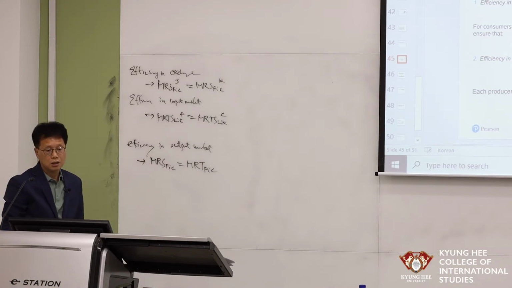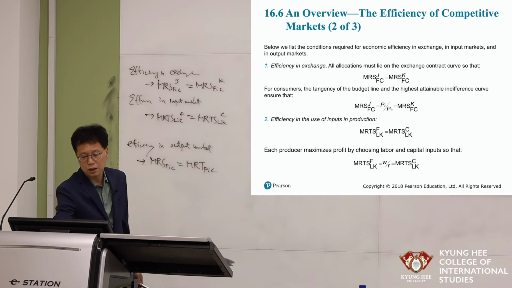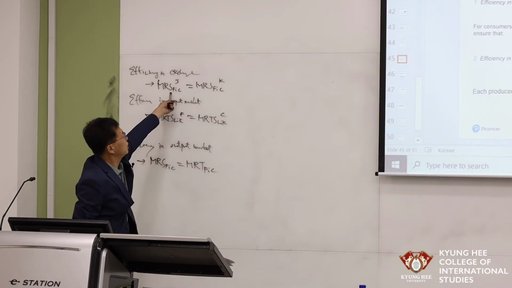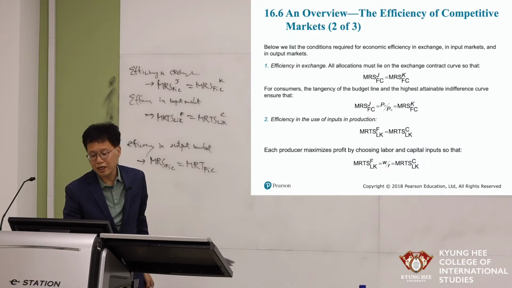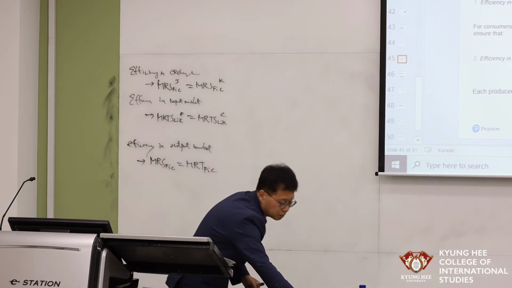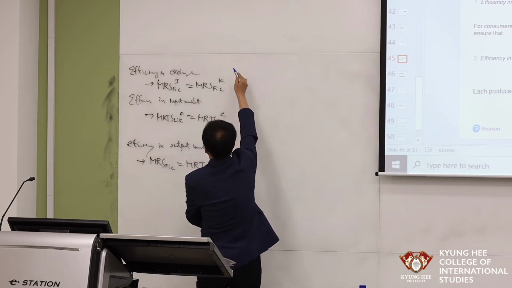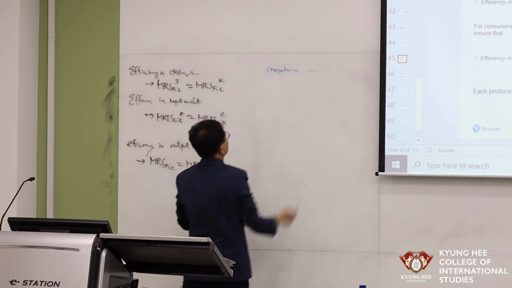Okay? So, efficiency in exchange, MRS J is equal to MRS K. That is efficiency in exchange. For consumers, the tangential budget line and the highest attainable indifference curve ensure that. In other words, we add competitive. Efficiency in exchange in competitive market, right?